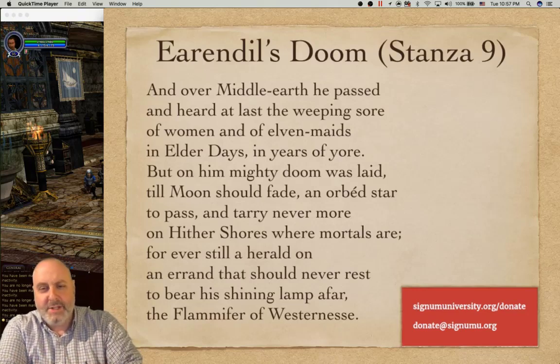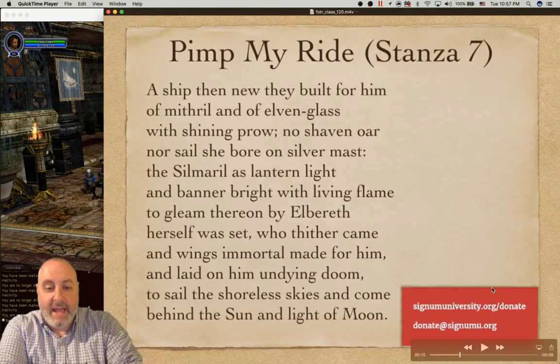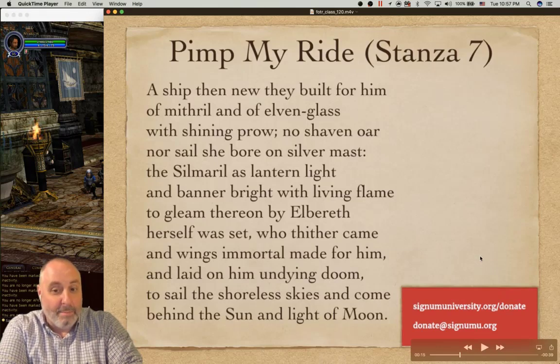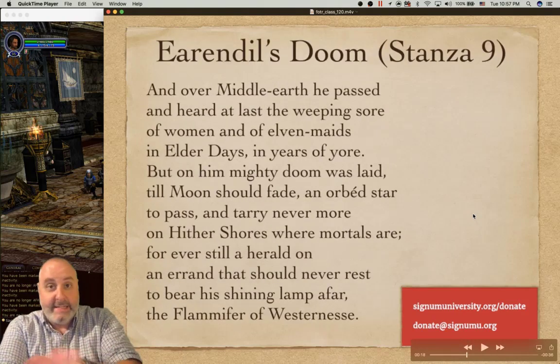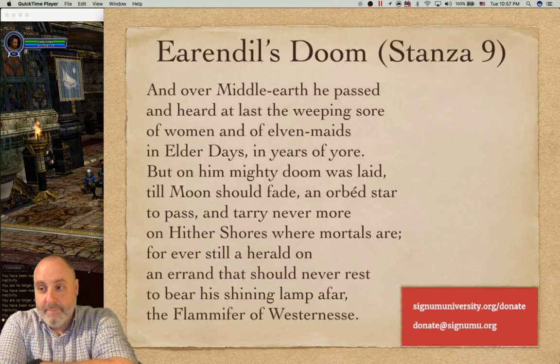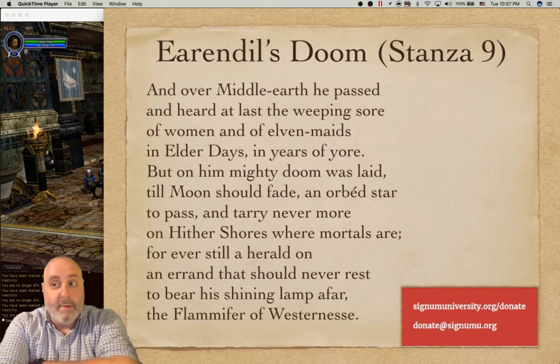Now, we might suspect, of course, that the mighty doom here is perhaps the same as the undying doom which Elbereth definitively laid upon him, right? That's probable, but in this sentence she's not mentioned again. I don't think it's trying to hide it, but it doesn't say it.